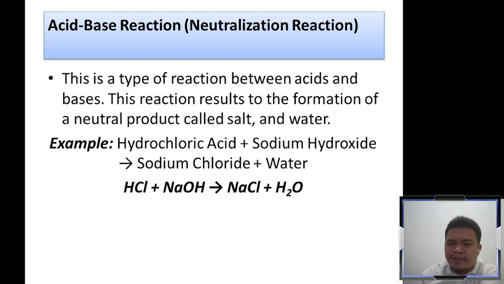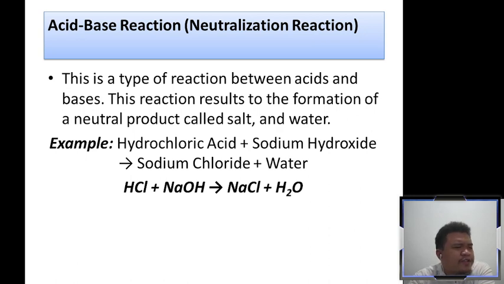A classic example is HCl, hydrochloric acid, which in common name we call muriatic acid, and sodium hydroxide, which yield sodium chloride and water. In symbols, HCl plus NaOH yields NaCl plus H2O. That's a neutralization reaction.